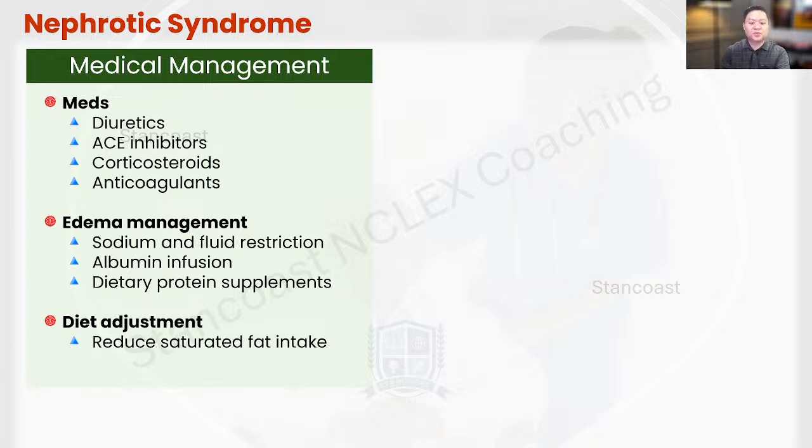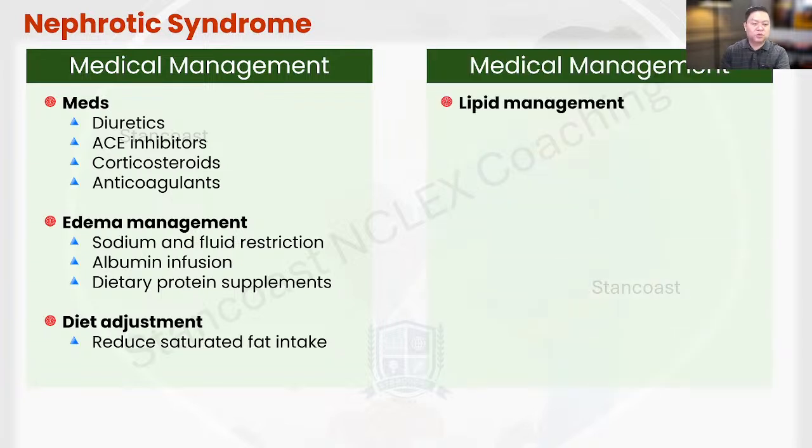And so what we're going to do here, we are going to control the hyperlipidemia or dyslipidemia by, of course, a dietary modification, but we also have to anticipate the administration of the statins. And these are the first line medications that will help manage hyperlipidemia in nephrotic syndrome.